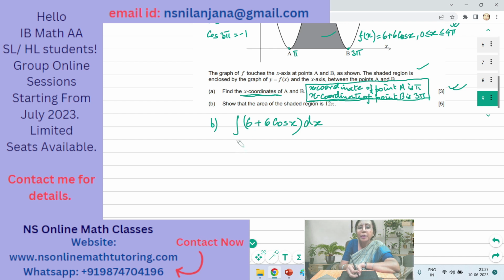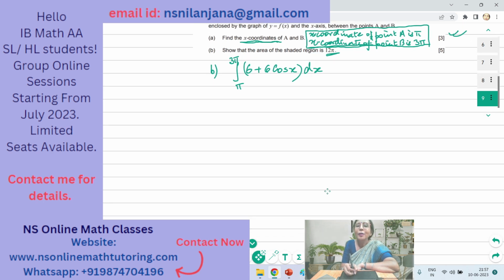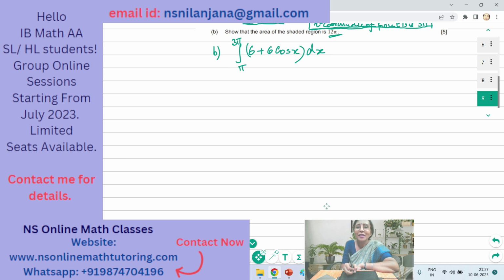And what will be the limits? From pi to 3 pi. And we have to show that the area is 12 pi. The answer is also given to us, so we know what we have to get.